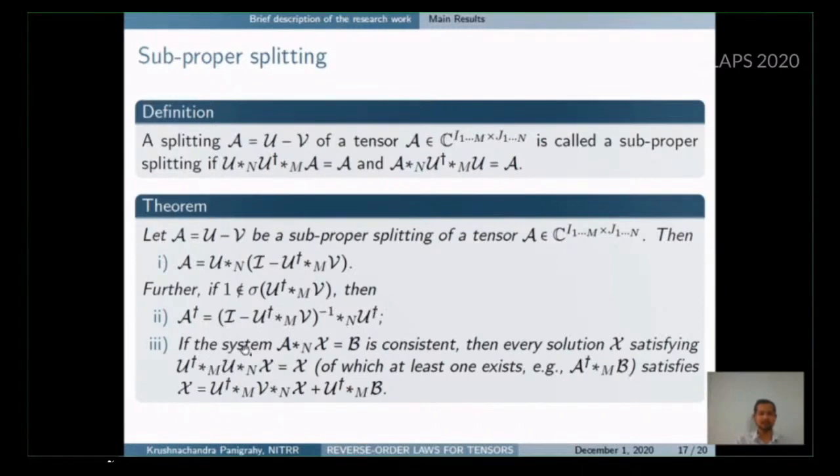And if the system Ax equal to b is consistent, then every solution x satisfying U dagger U x equal to x also satisfies x equal to U dagger B x plus U dagger b.